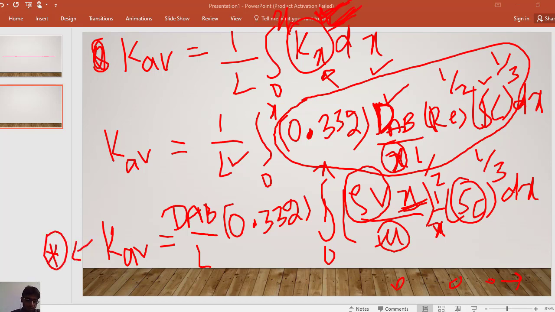From equation star we will simplify further. This 1 over x comes from this position.